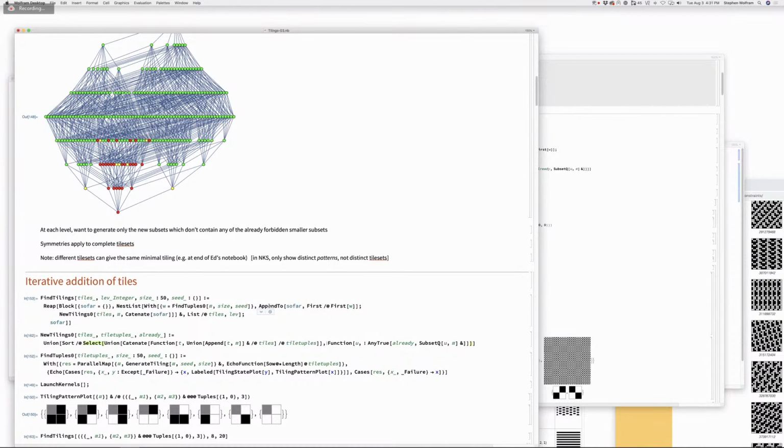Okay, so this is now, okay. Okay, pay attention here, because that's the original tiles. So this is, whatever.